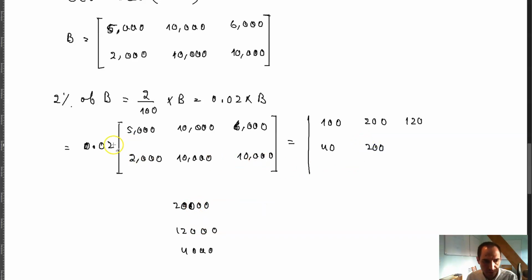And 10,000 times 2 is 20,000, again 200, right?